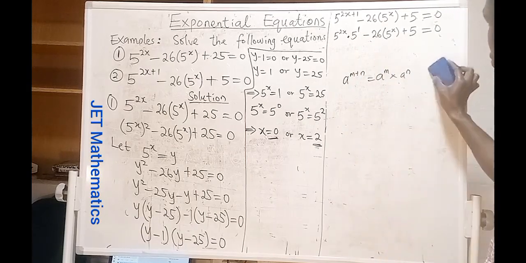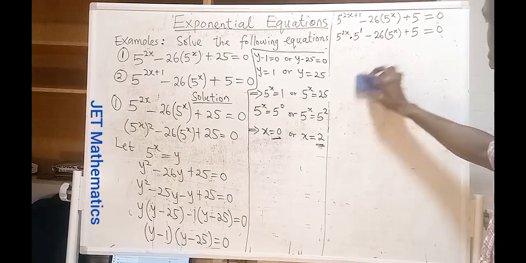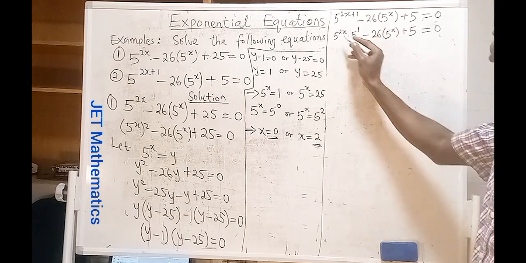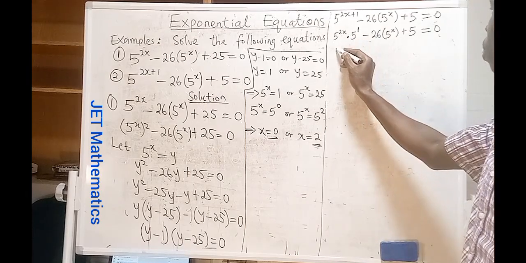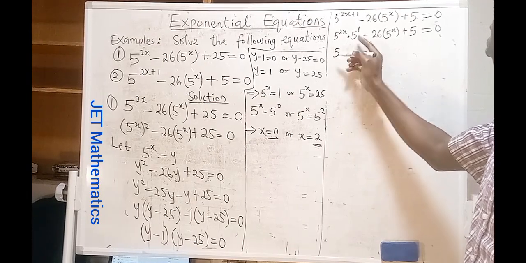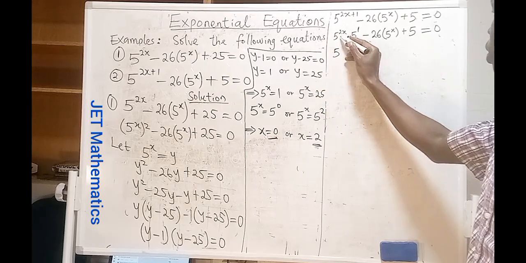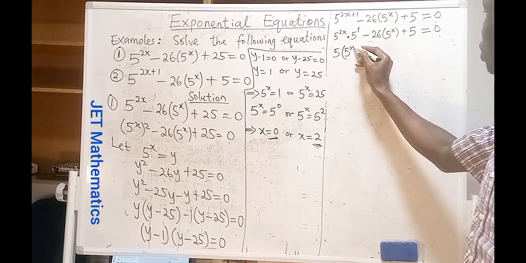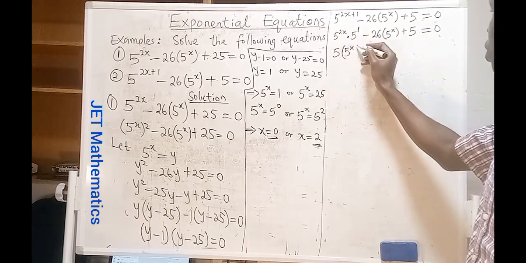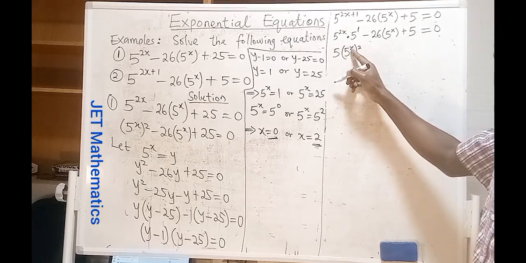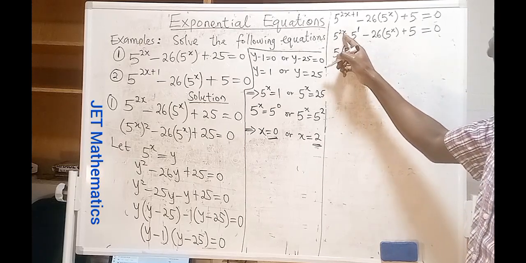Then this we can break as 5 times 5 raised to the power 2x, since 2 times x gives us 5 raised to the power 2x.